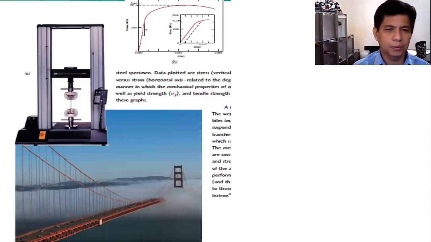Okay, so this is the stress and strain measuring device. The material is being stretched out by this machine, and the output from this device is a plot of strain versus the stress.